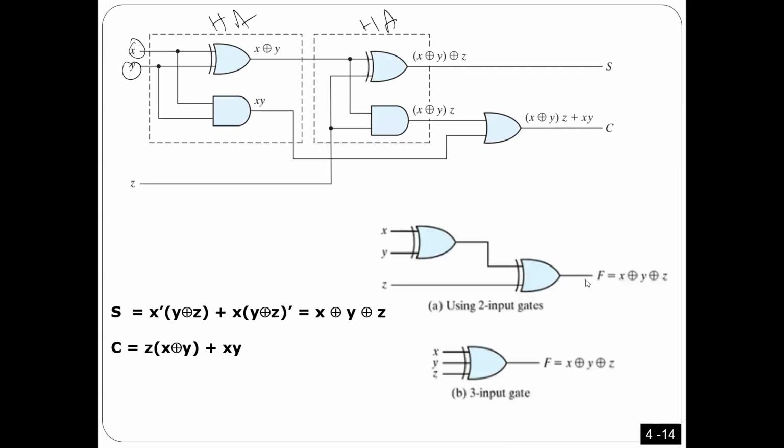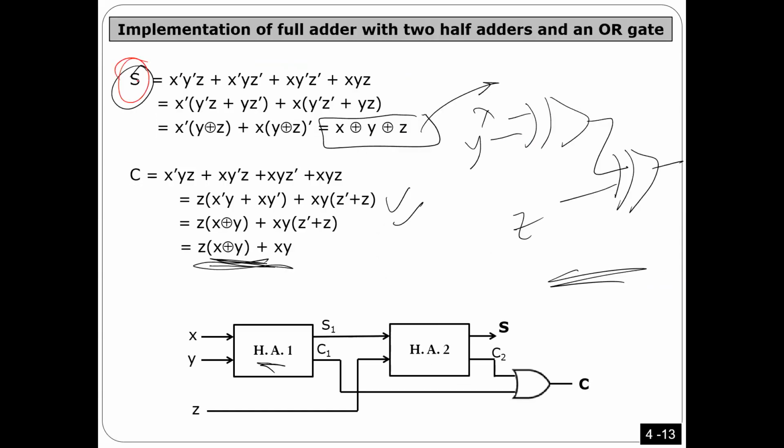Look here. This half adder has an XOR, and this half adder has another XOR. See what I did here. Here we have X and Y, so this one gives X XOR Y. And then here I'm going to input Z, and I'm going to get X XOR Y XOR Z, which is exactly equivalent to the summation.